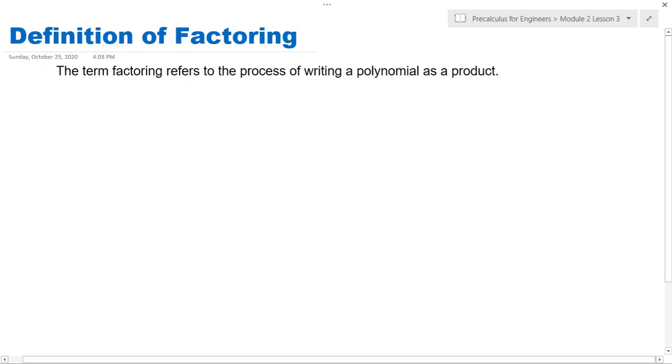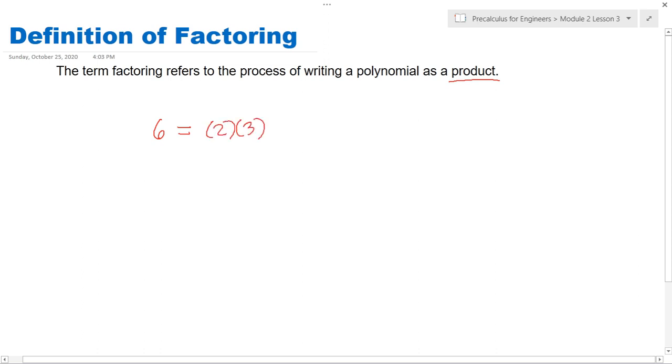When we say factoring, it refers to the process of writing a polynomial as a product of either two numbers or two or more expressions. Let's say we have 6. 6 can be a product of two prime numbers, 2 and 3.